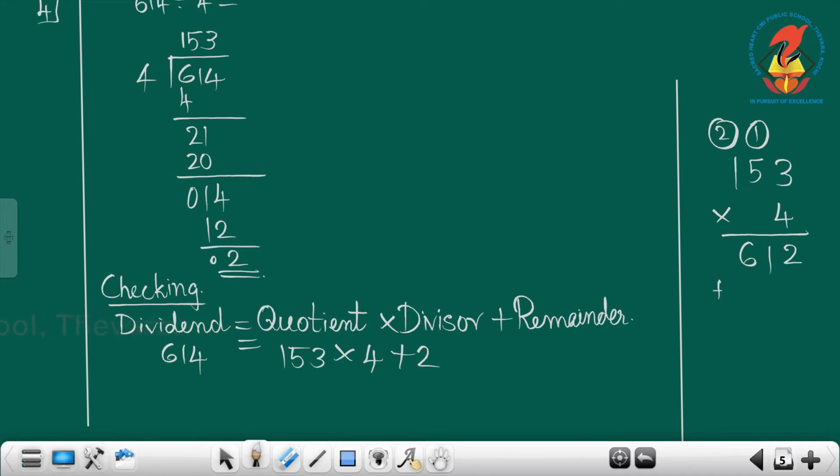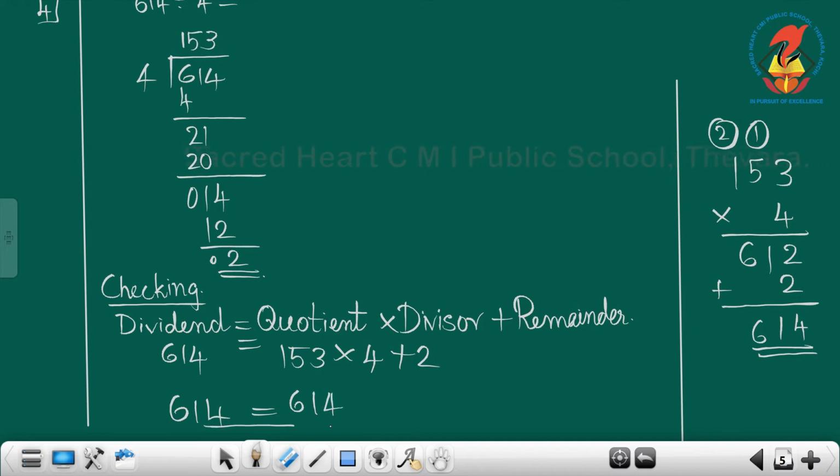Then plus 2. 2 plus 2 is 4. So the answer is 640. Our dividend is correct. Both sides are the same number. This means our answer is correct.